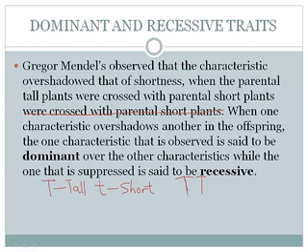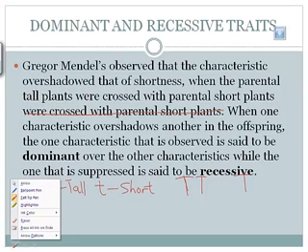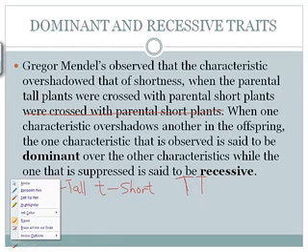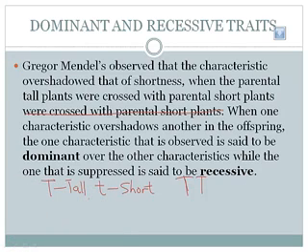We have a tall parent, then we have a short male, and a short female. Now let's do a crossing.